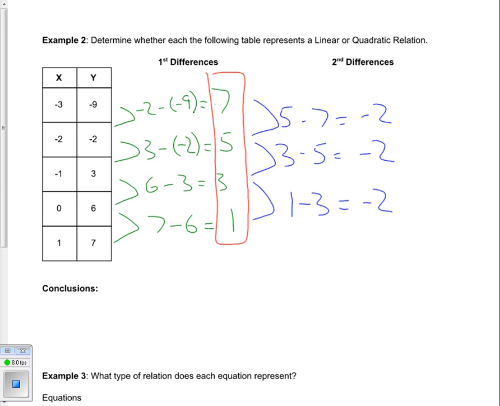And that pattern is that the second differences, the second time that I go through and find the differences, they happen to be the same. Okay? And so in this instance, my second differences are the same. And because my second differences are the same, that means that this is actually a quadratic relationship.